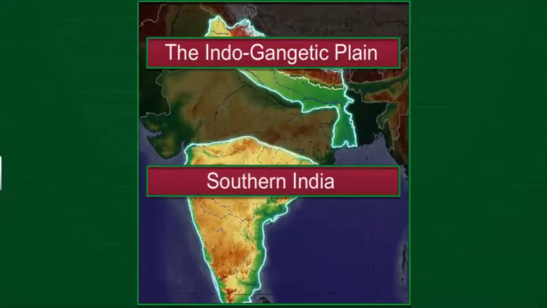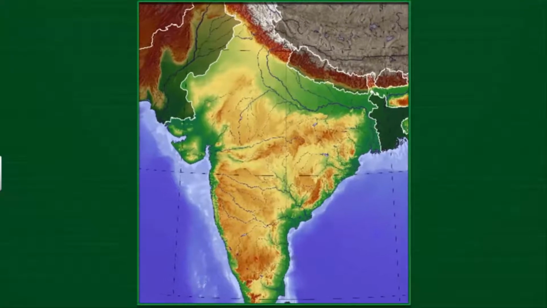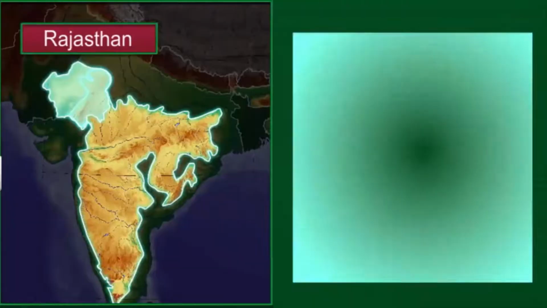Moving a little west along the Vindhya Range, the Peninsula Plateau gradually merges into the sandy and rocky desert of Rajasthan.